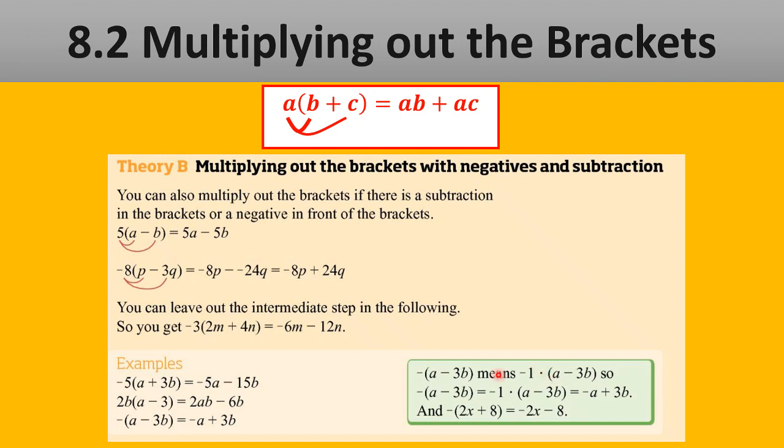So mathematicians leave out two things here, the 1 and the dot. So that means I'm doing minus 1 times a and minus 1 times 3b, which gives me plus 3b in the end, because minus and minus. Minus 2x minus 8. So remember, only a minus sign means minus 1 times both terms inside of the brackets.